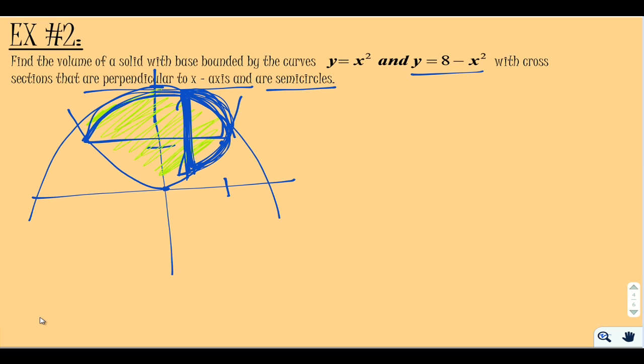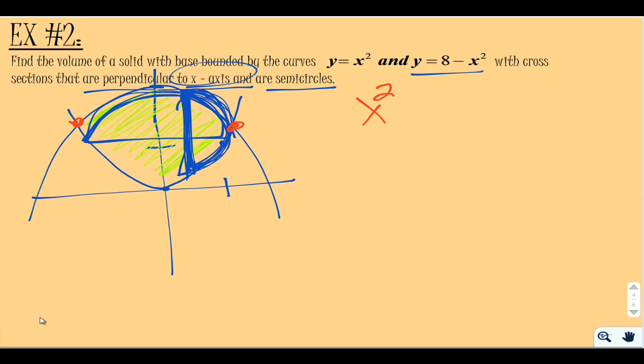Okay. So we said we needed to integrate, but we've got to figure out our limits of integration with respect to x, since we're doing slices perpendicular to the x-axis, right? So how am I going to figure out where they meet here and here? Isn't that the two intersection points of the two equations? So can I set them equal to each other?